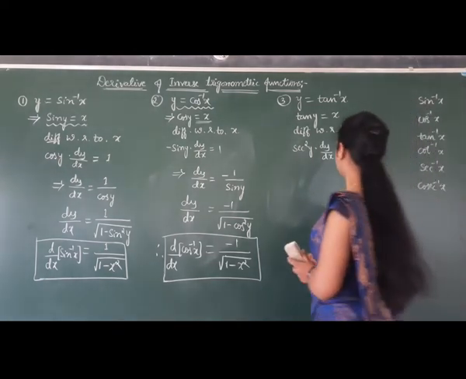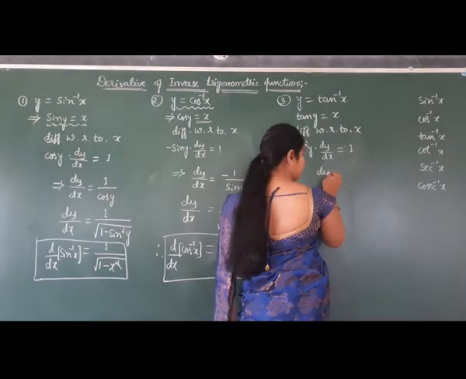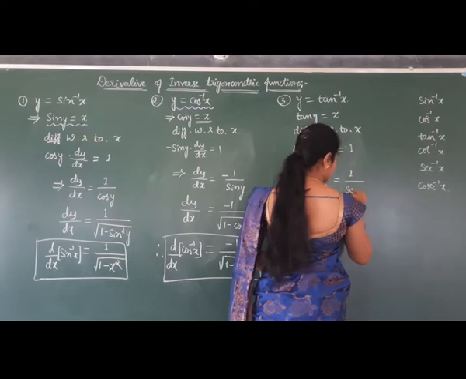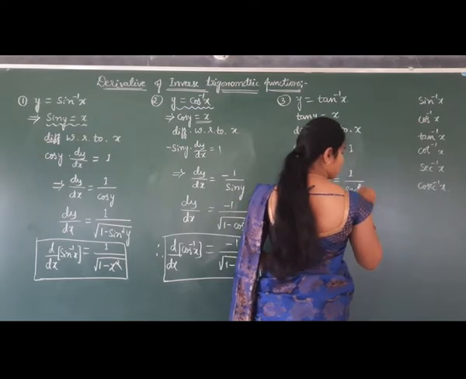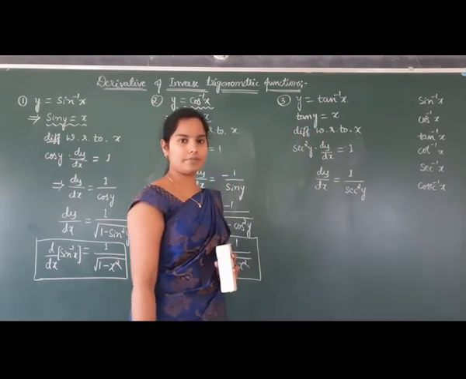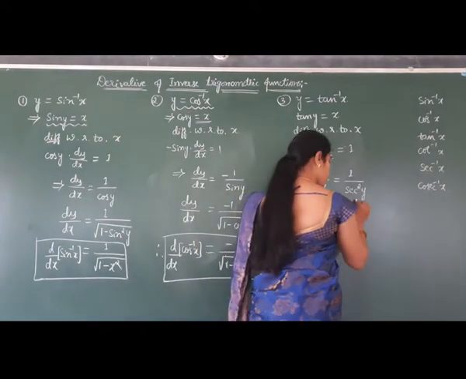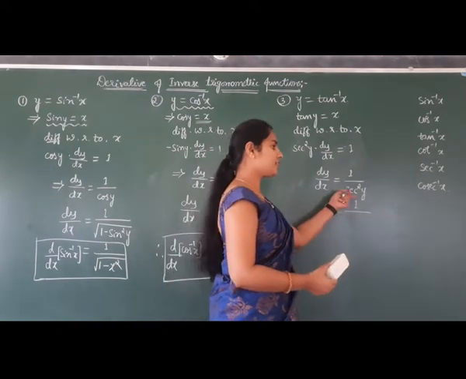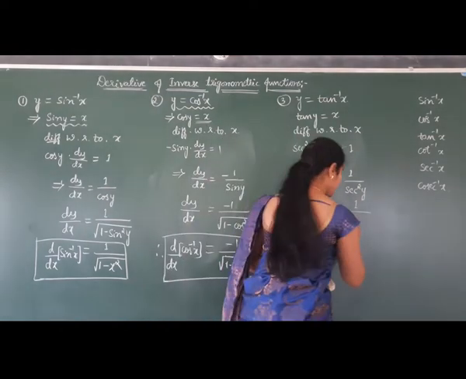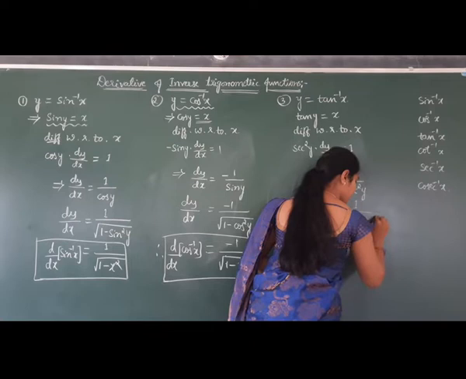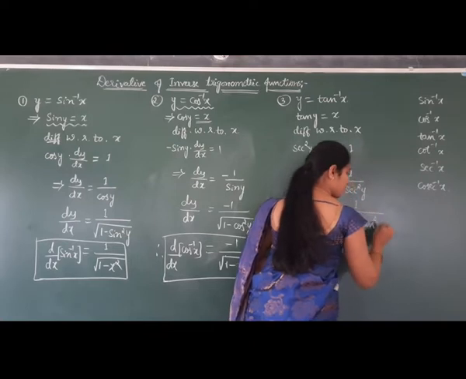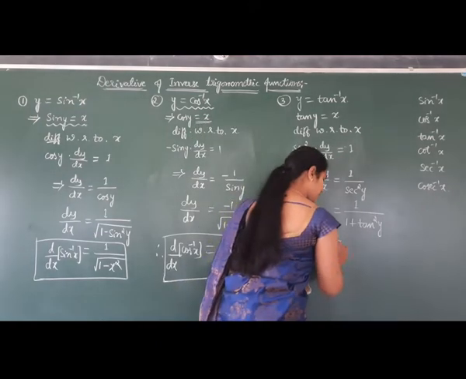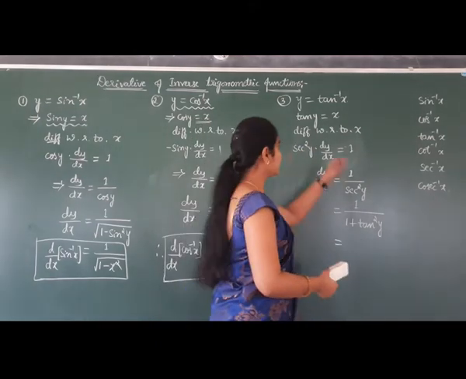Okay. So then dy by dx is equal to 1 divided by secant square y. So this is equal to 1 divided by, what is secant square y? 1 plus tan square y, right? 1 plus tan square y is equal to secant square y. What is tan y here?